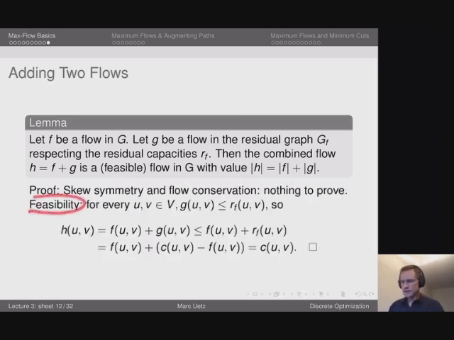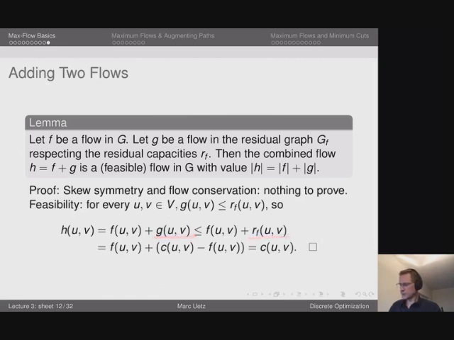So why does this sum of these two flows fulfill the capacity constraint? Also, that is not difficult. First of all, we have to observe that G was defined as a feasible flow in the residual graph, so it respects the residual capacity. H is just the sum of the two flows. Now I just plug in what I know about flow G, namely that flow G respects the residual capacity.